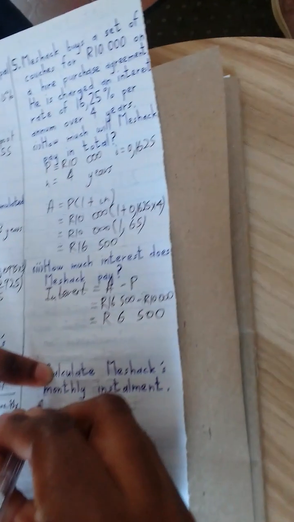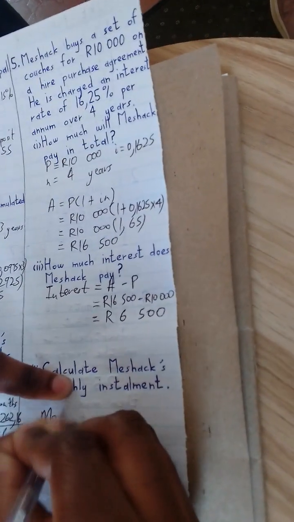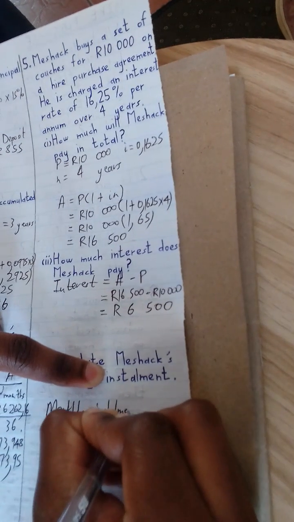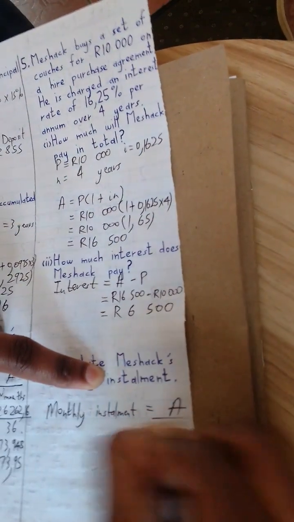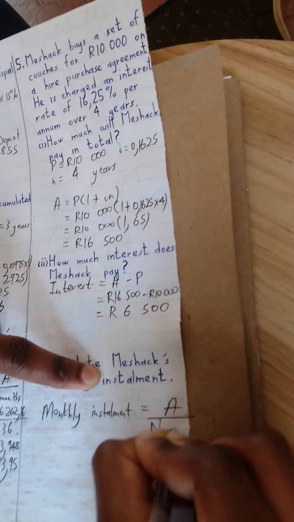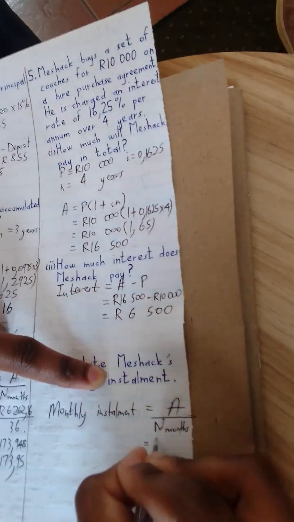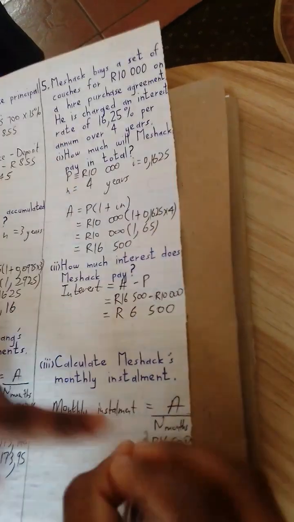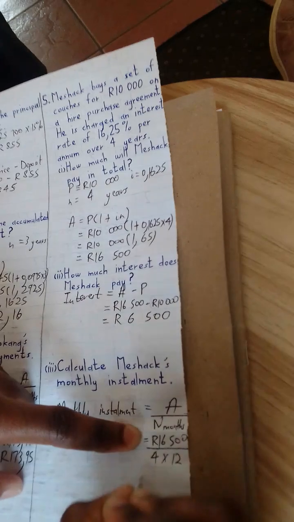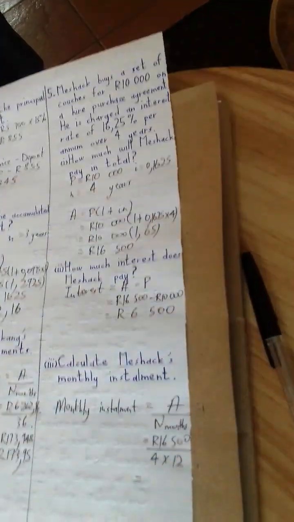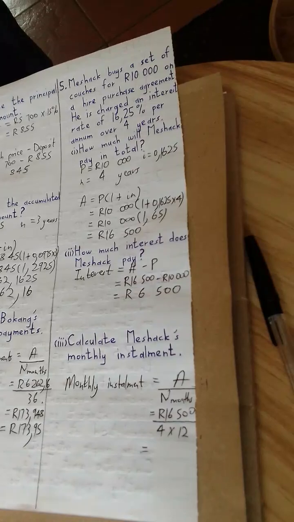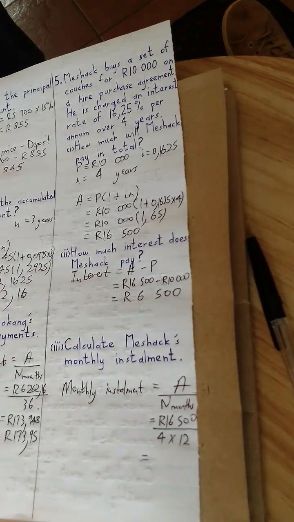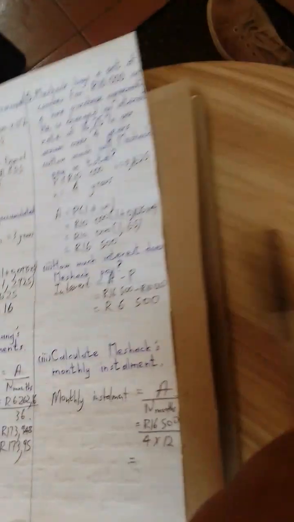So monthly installment is the accumulated amount over the number of months, which is 16,500 over the number of months. It's going to be 4 times 12. We have said 16,500 over 48, still the same. I'm getting 343 rand and 75 cents.